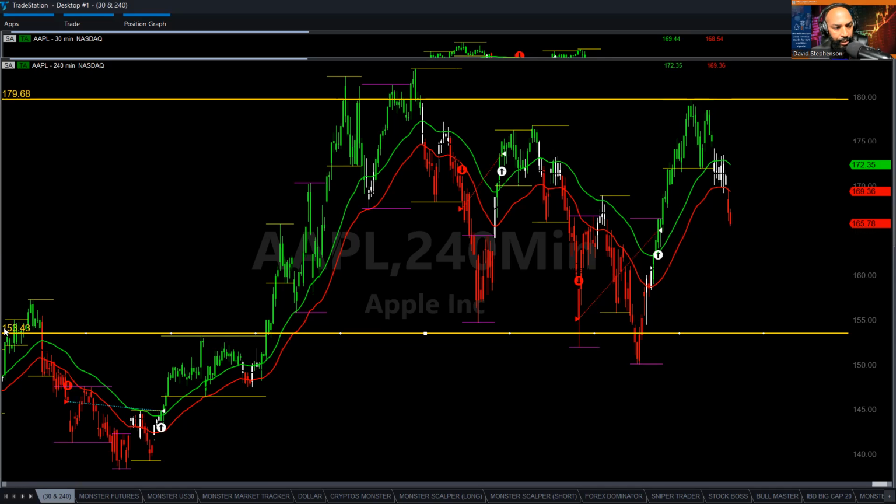That price here is 150, 153. Your price is right now at 165. Lower highs, lower lows, broke the moving average. So we are now right below that red moving average. Sellers are definitely in charge.